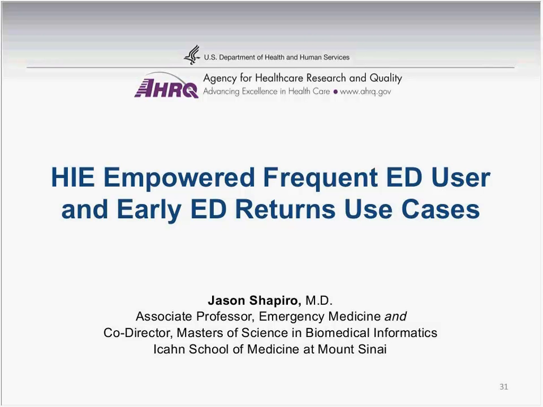His work has been funded by the Agency for Healthcare Research and Quality, the National Library of Medicine, and the Centers for Medicare and Medicaid Services. Current projects include the creation of a frequent ED user notification system, detection of duplicate and potentially unnecessary CAT scans using HIE data, and designing algorithms to identify potentially undomiciled patients from demographic data in the HIE.